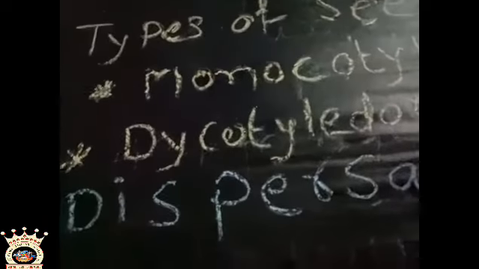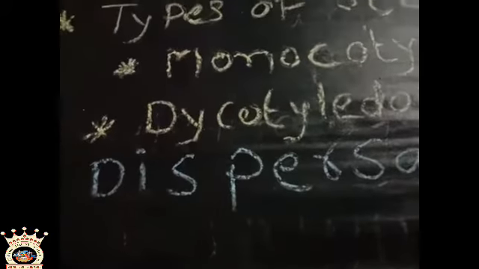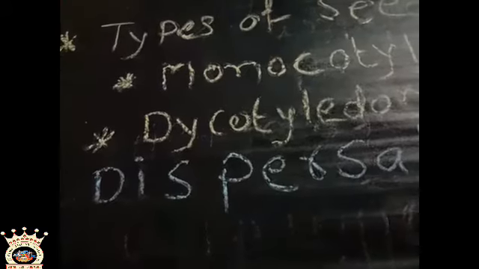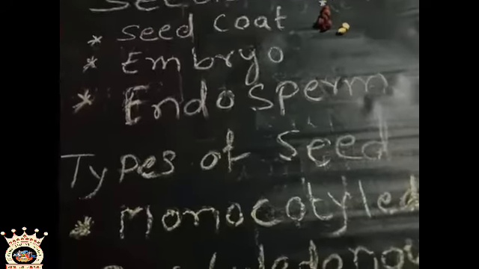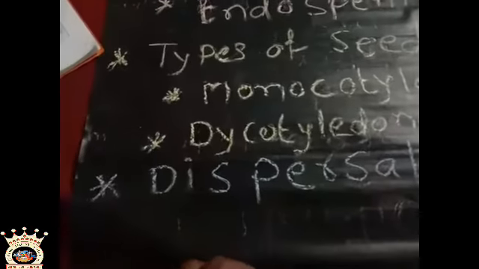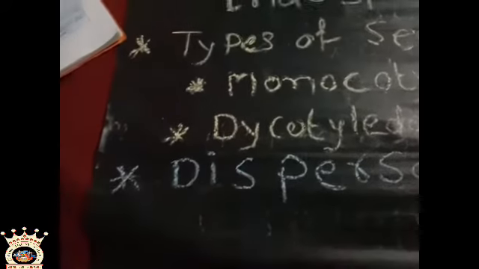Okay, then what are the agents? How can it be dispersed? We know that wind is one agent, water is one agent, and animals are also an agent for the dispersal of seeds. Let's see how wind, water and animals can disperse seeds. What are the characteristics of seeds which are dispersed with the help of the wind?